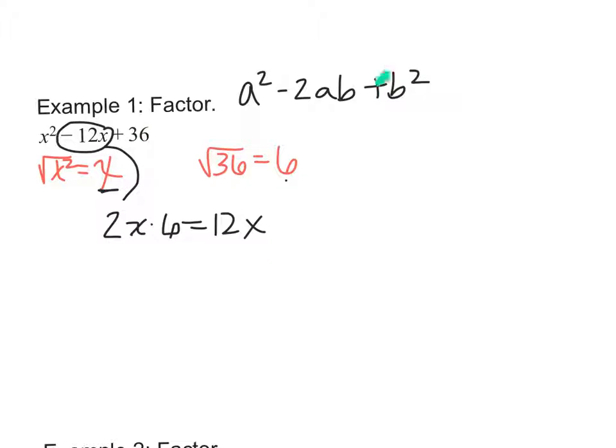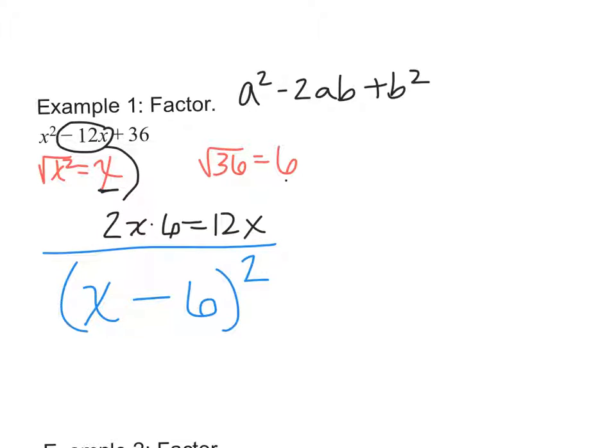The last term is a perfect square, right? The middle term, minus 2 times a times b. So x times 6 times 2 is 12x. So this is written as a perfect square trinomial. So I can write the factors as x minus 6 squared.